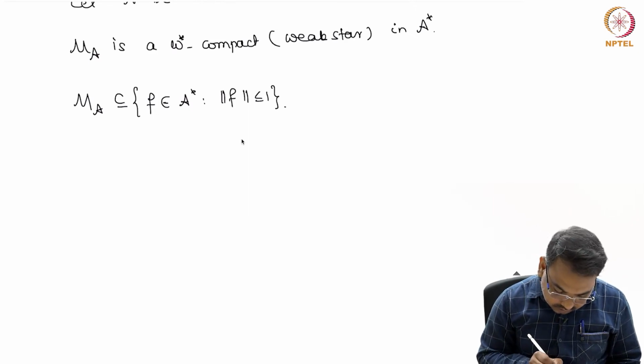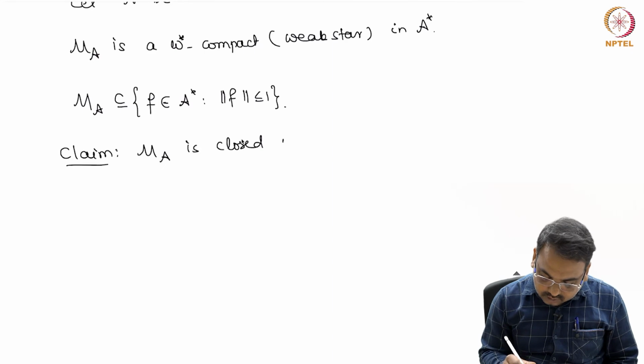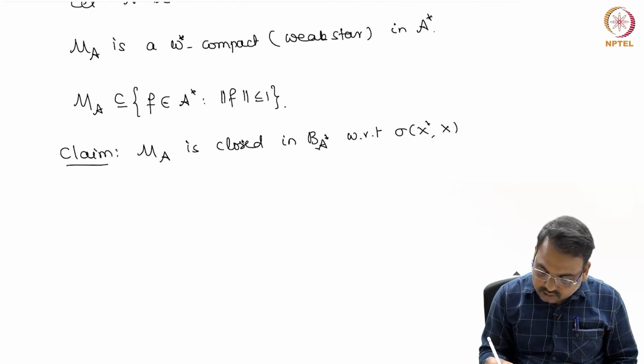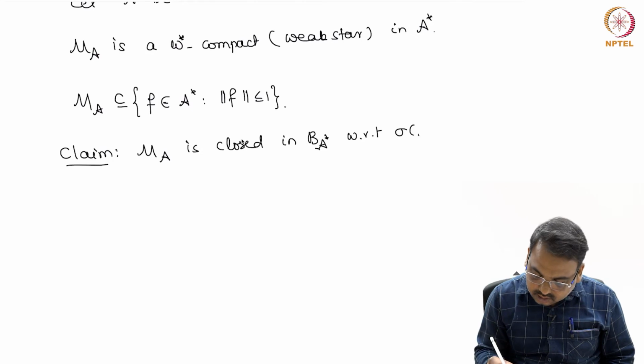So claim: M_A is closed in B of A star, the ball, with respect to sigma(X star, X). So here X is nothing but A, so we can write this as sigma(A star, A).